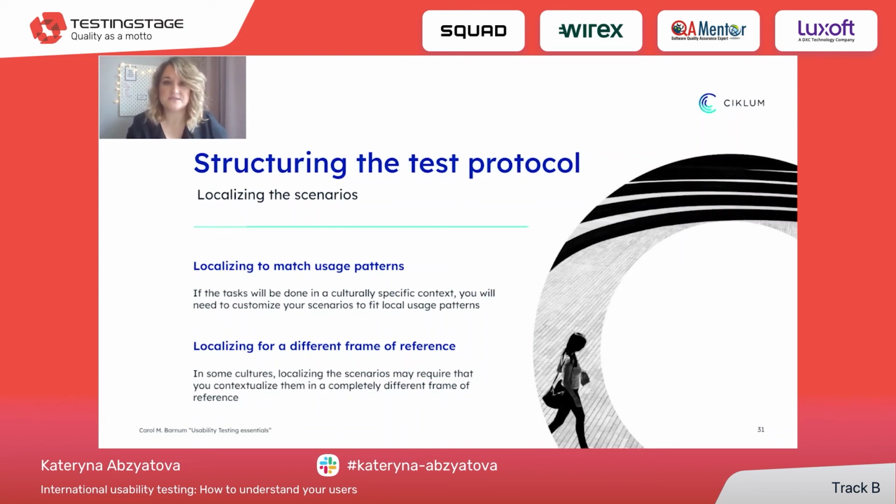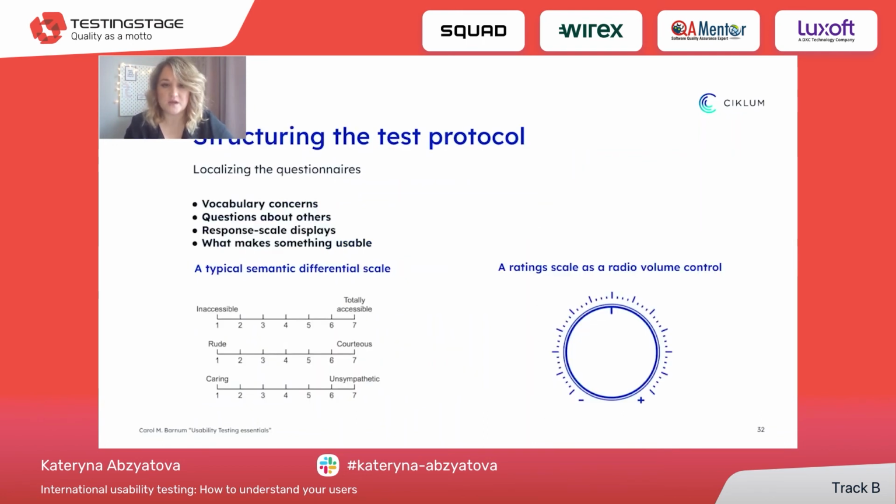But for Chinese people, it's more common to take the whole salary right away in one transaction. So it may not be appropriate to ask them to do it in small parts. They will be a little bit confused why to do this because it's not common for them. That's why we need to adapt, localizing scenarios and structuring the test protocol.